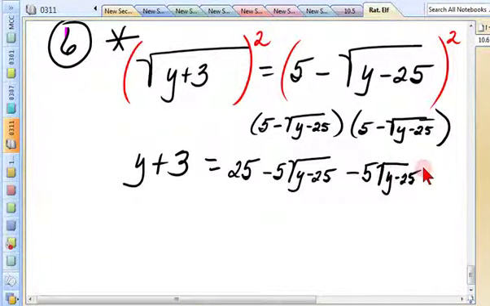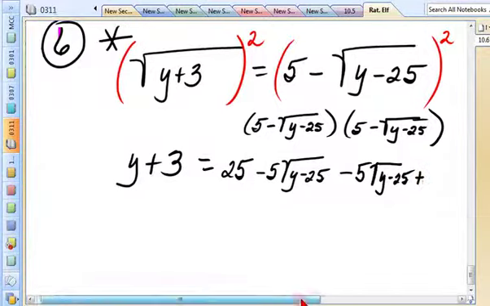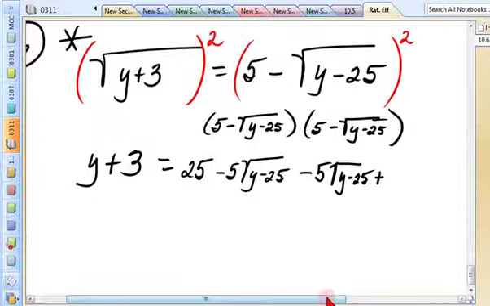That shouldn't surprise you because when you're squaring a binomial type expression, the outers and inners ought to be the same. What happens when you square the square root? What is negative square root times negative square root? Positive. And what happens to the y minus 25? Pops out. Well, that was just really fun.